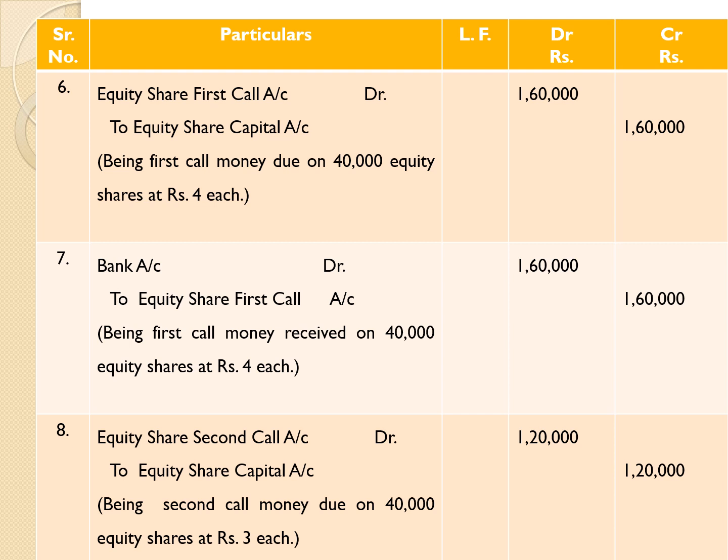One more entry we have recorded here because in this problem, excess application money has been received to the company. So, for that purpose, one entry we have taken here and that entry recorded before taking allotment money. In another words, after making entry of allotment money due, we passed entry about excess application money refunded.